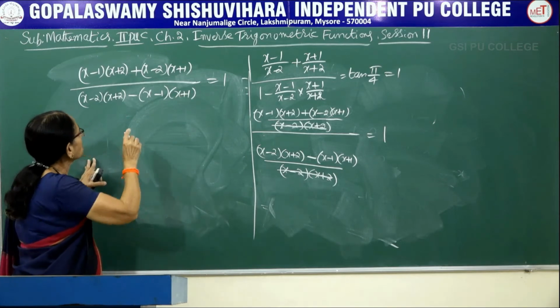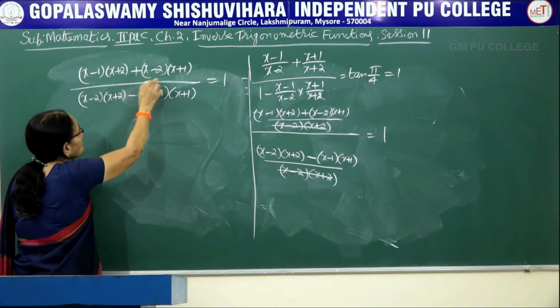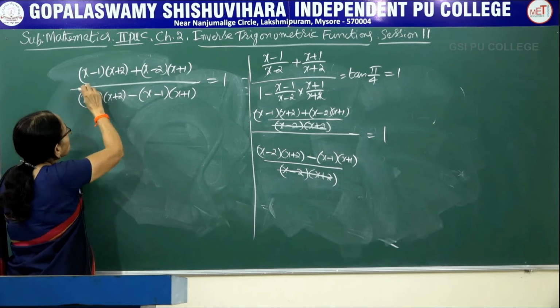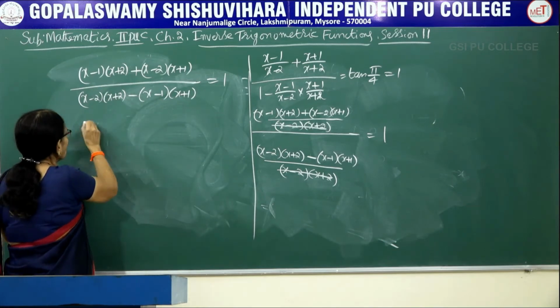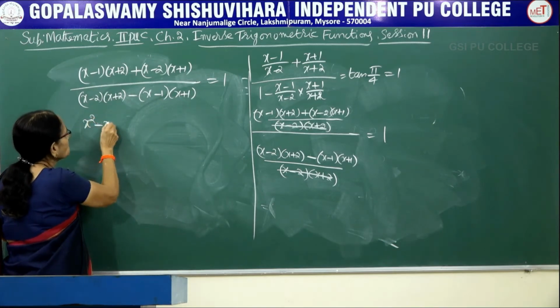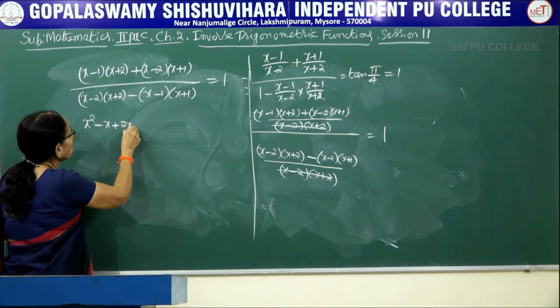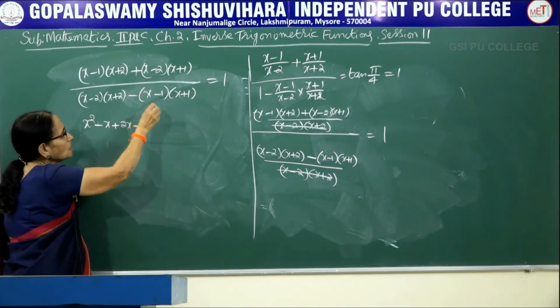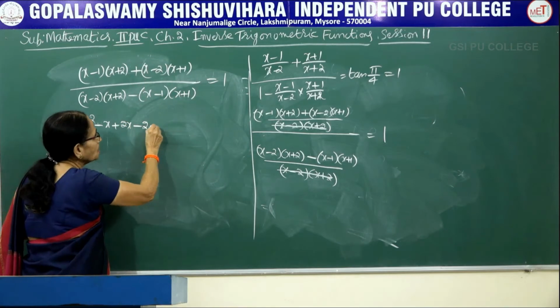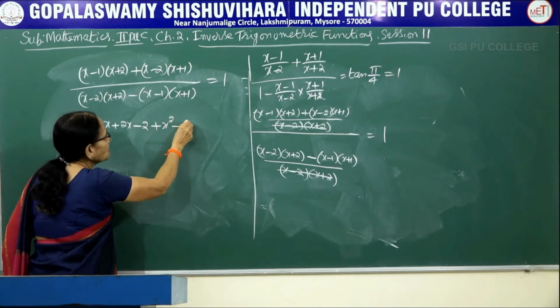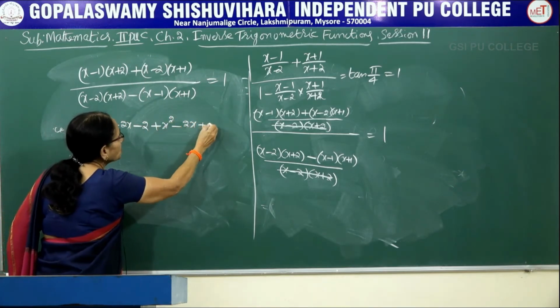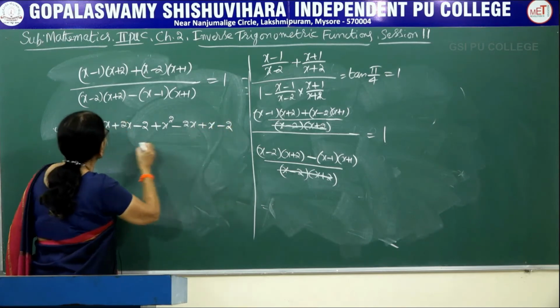Now it is only multiplication. So x into x, that is x² − x + 2x − 2, plus x² − 2x + x − 2.